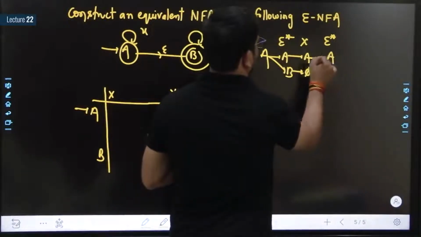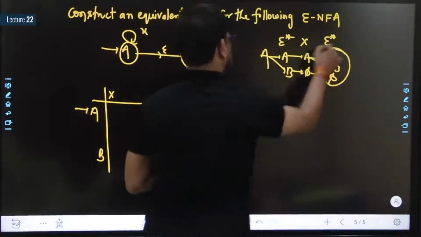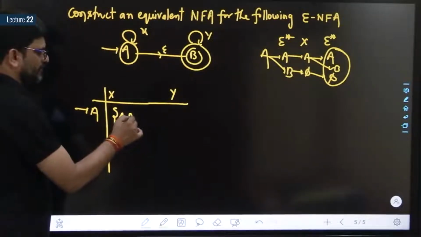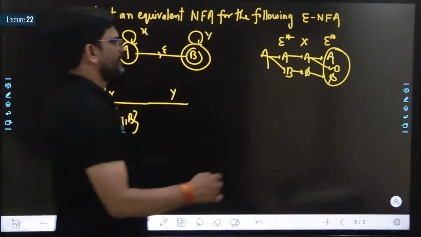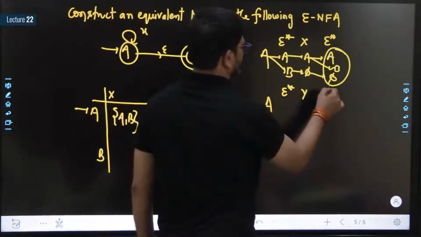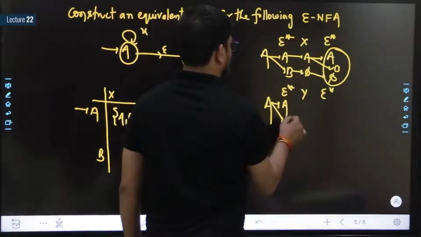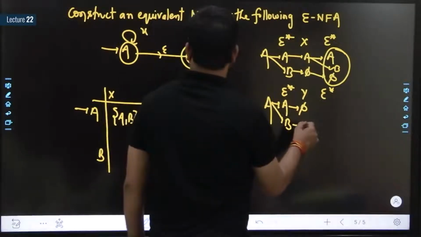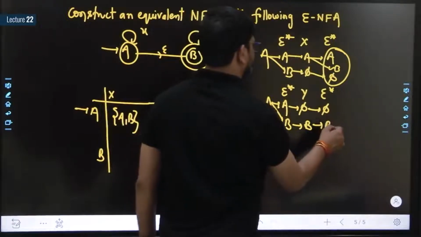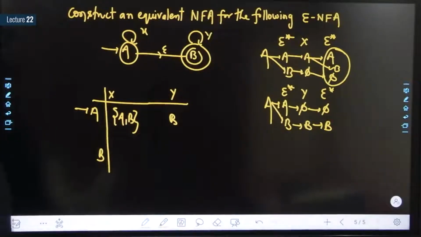Epsilon closure of A, comma B. Epsilon closure of phi, phi. A on X, A comma B. A on Y. Epsilon closure of A, B. A on Y, phi. B on Y, B. Epsilon closure of phi, phi. Epsilon closure of B, B. A on Y, B. Clear?